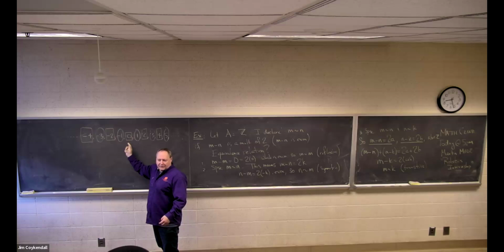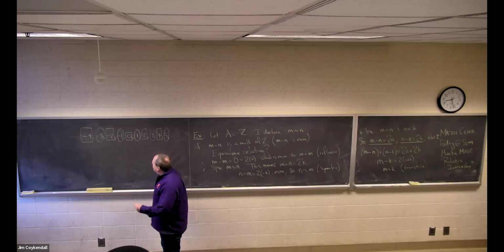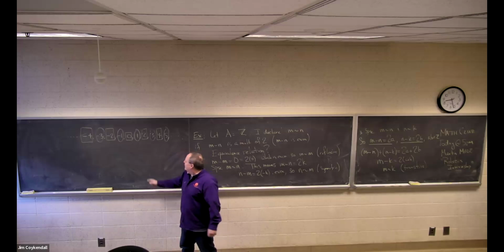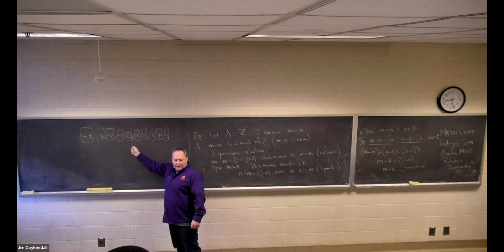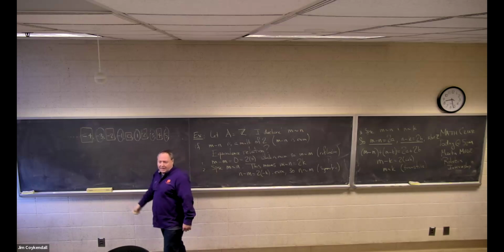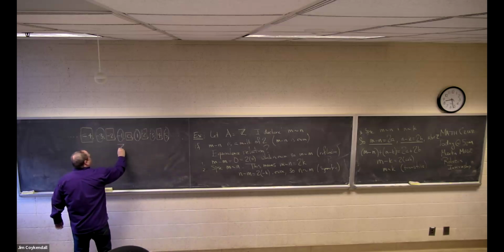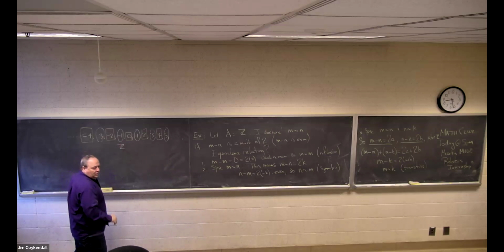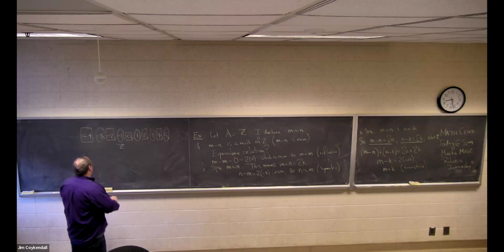And the other half is related to 0, right? Notice that everything is either related to 1 or related to 0, and there's nothing that's related to both 1 and 0, right? This takes the integers and breaks them up into two nice, easy pieces.